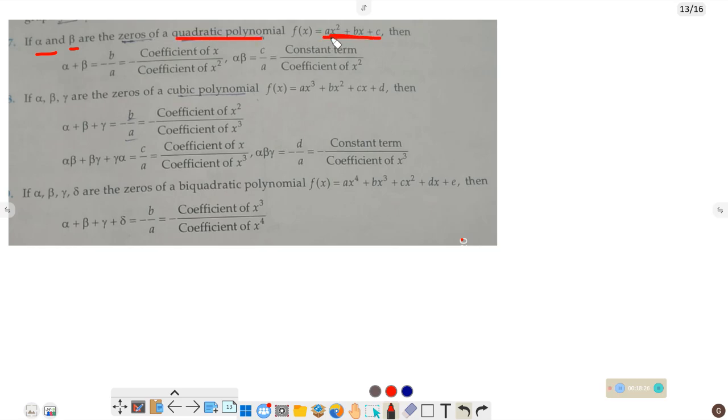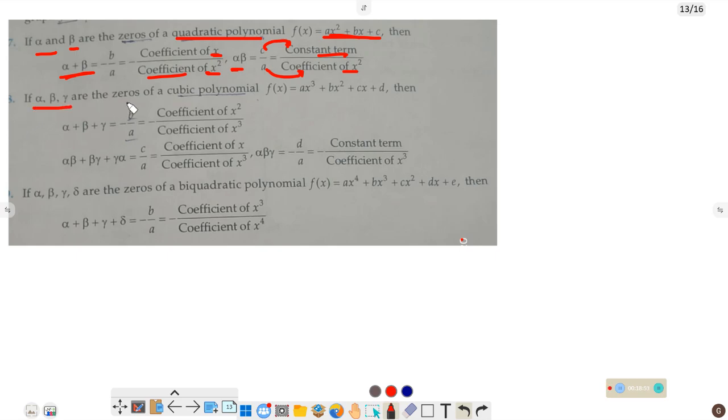This is the expression of a quadratic polynomial. The sum of zeros equals minus b by a: minus b is the coefficient of x, divided by the coefficient of x square. And alpha into beta is the product of zeros, which is c by a, where c is the constant term and a is the coefficient of x square.